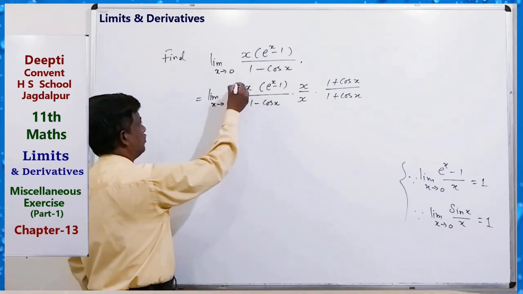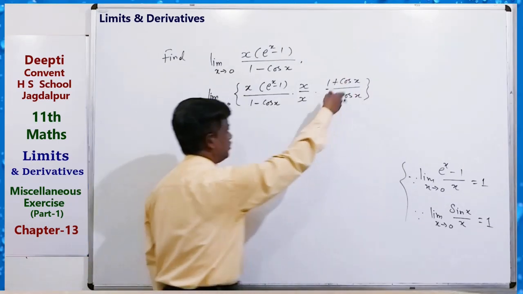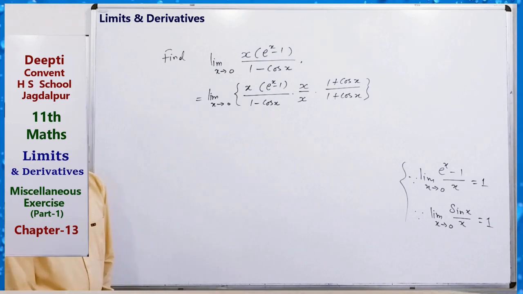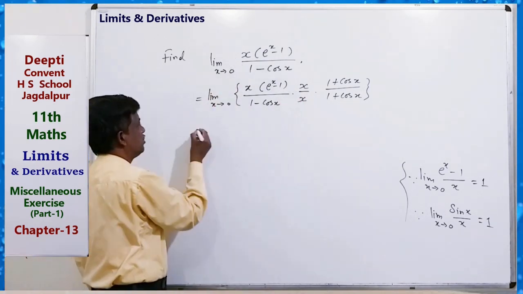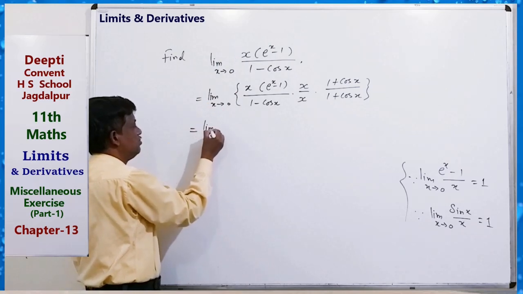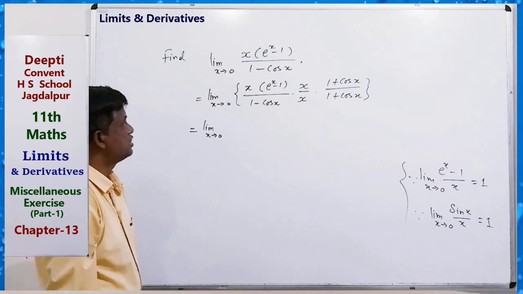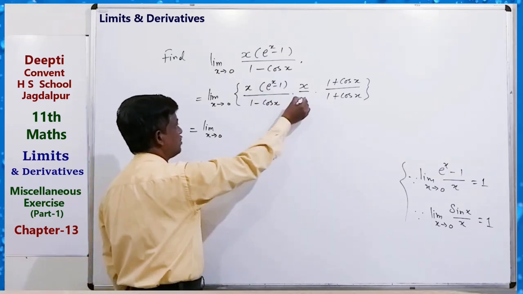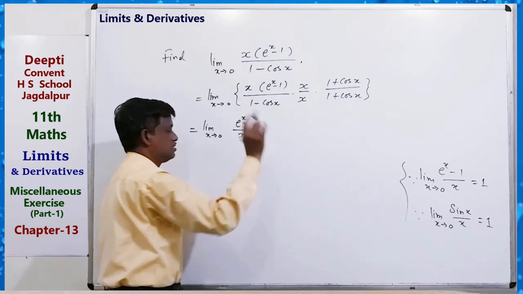Now this is our adjusting. We can do like this. This has no effect here. Now distribute limit in 3 parts. How? Just see. e to the power x minus 1 by x, in one place.